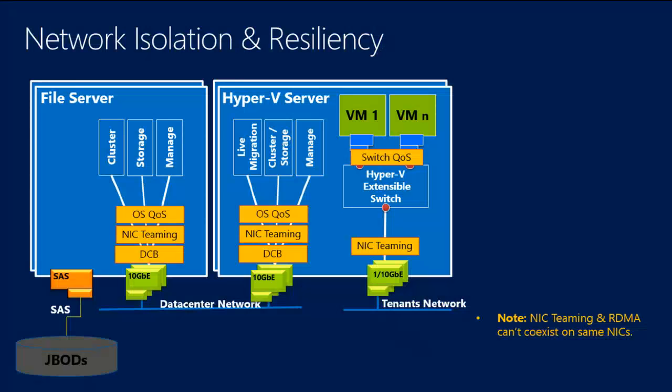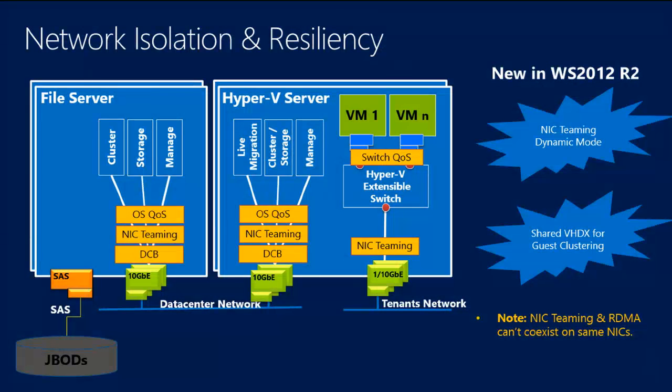So, for example, if you want to ensure that cluster heartbeat always gets some share of the traffic so that the cluster detects it's alive, or if you want to ensure that storage access doesn't starve your live migration traffic, etc., you can do that on the host side. And between the VMs, you can use different features called switch quality of service, which allows you to assign different policies for different VMs.